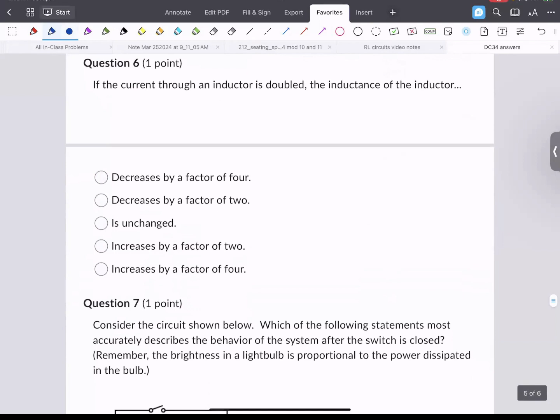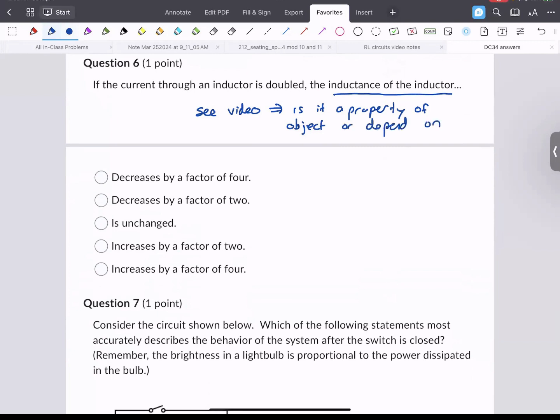Question 6 gets to what we talked about in the video: the inductance of the inductor. Don't just use the equation. I'll say, see the video that I made. Is it a property of an object, or does it depend on the current? Look through the final derivation of it.